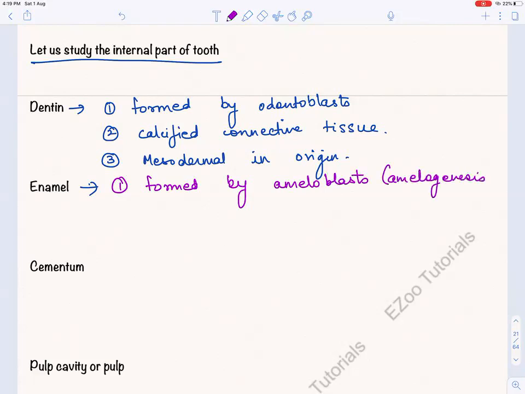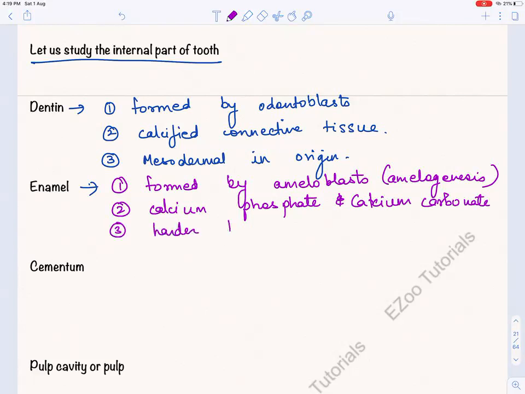It consists of calcium phosphate and calcium carbonate. Enamel is harder than bone. We know this since we were very small. And one important thing to remember: it is ectodermal in origin.